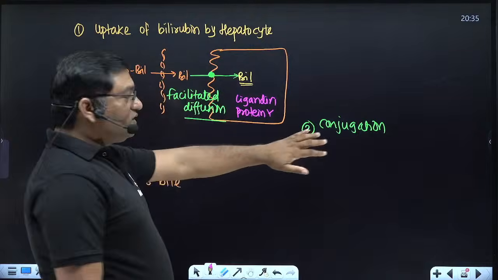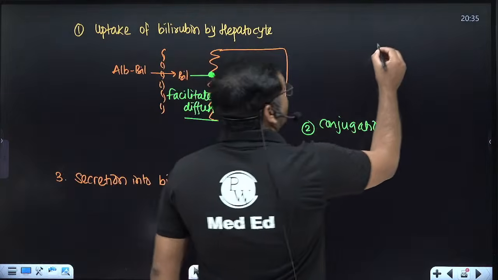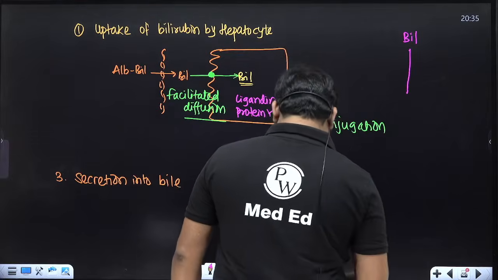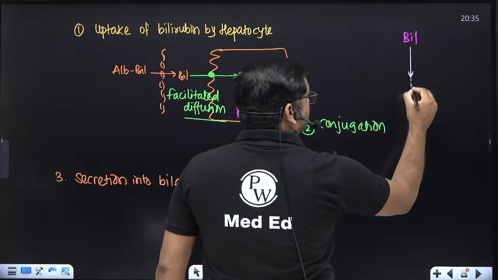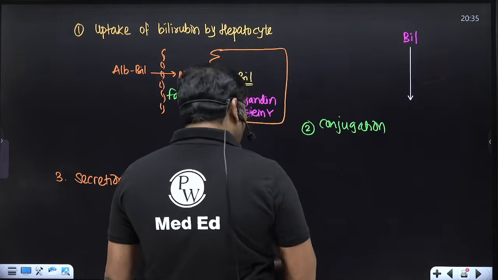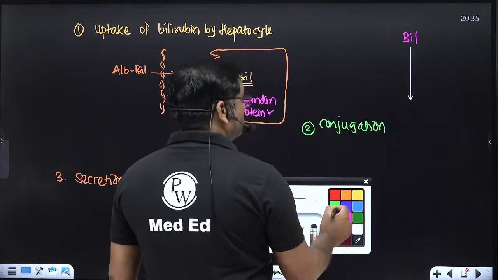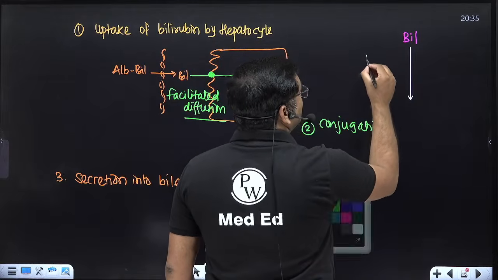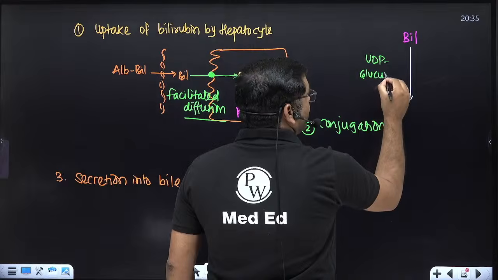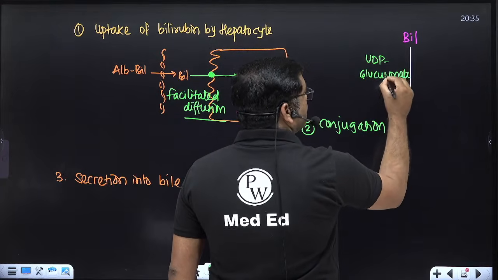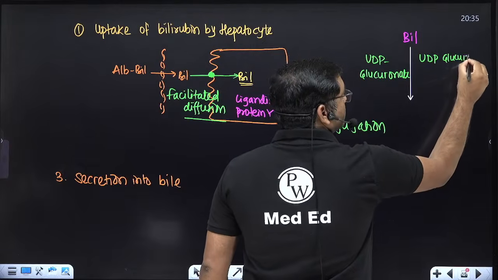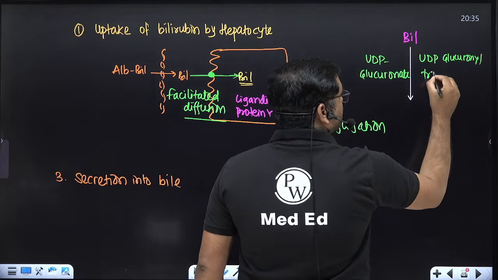So conjugation is the second step, in which bilirubin combines with UDP glucuronate. This is now the unconjugated bilirubin. It condenses with UDP glucuronate in the presence of the enzyme UDP glucuronyl transferase.